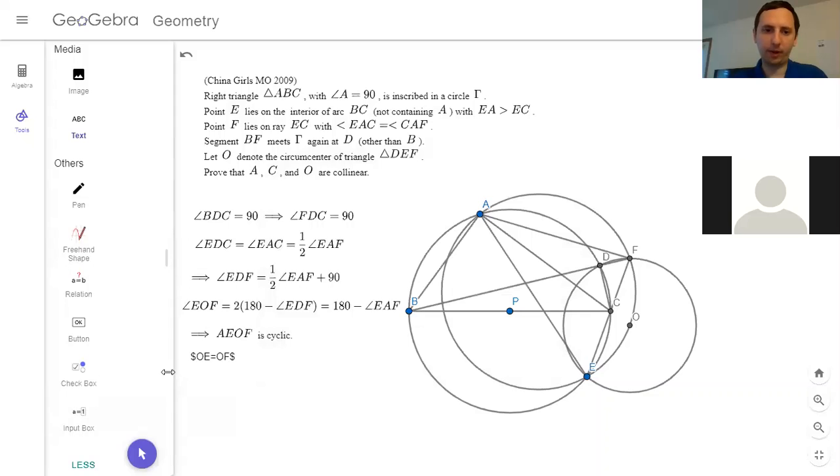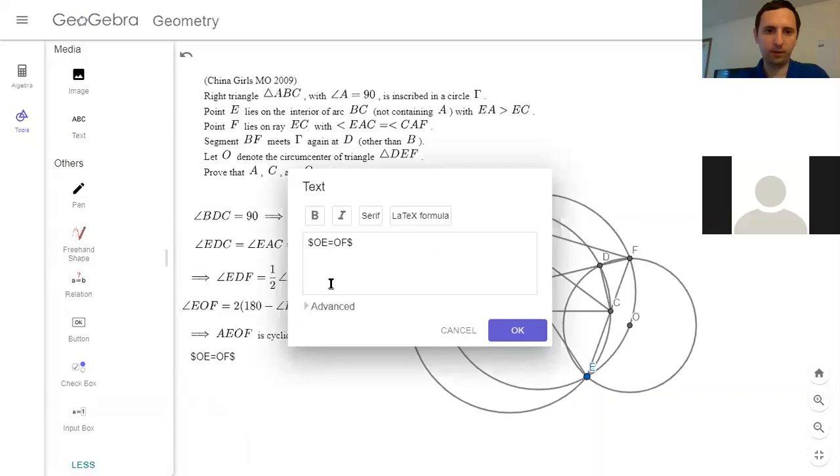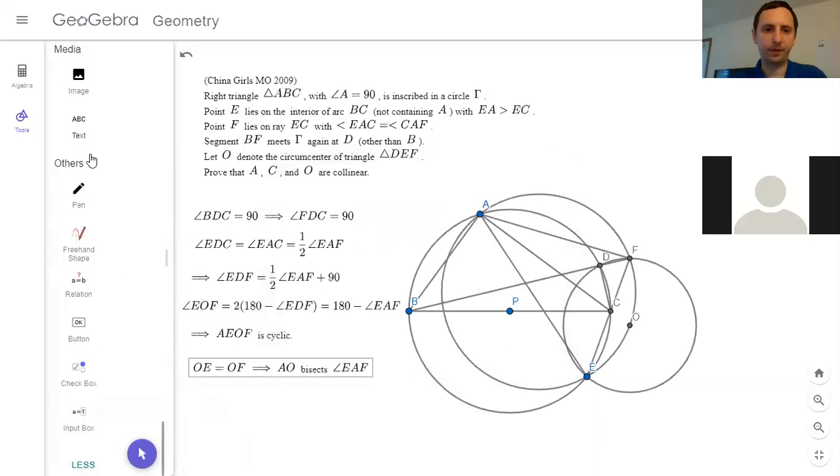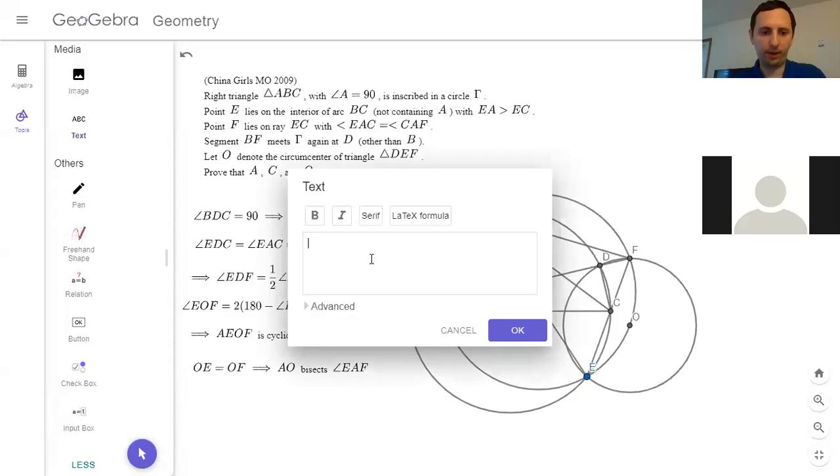That means that AO bisects angle EAF. And that means that AC and O are collinear. And that solves the problem. Right.